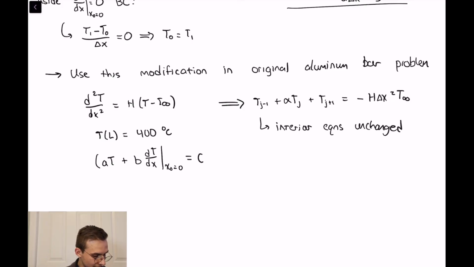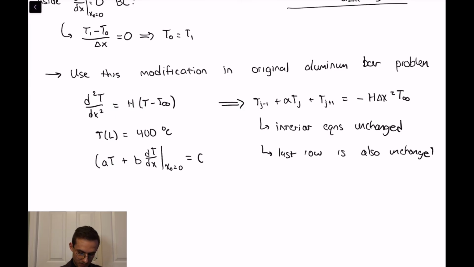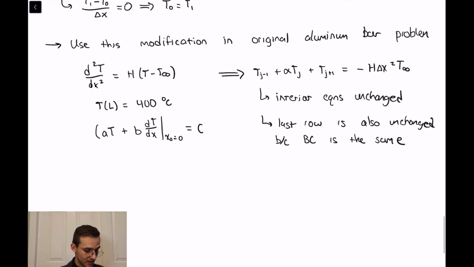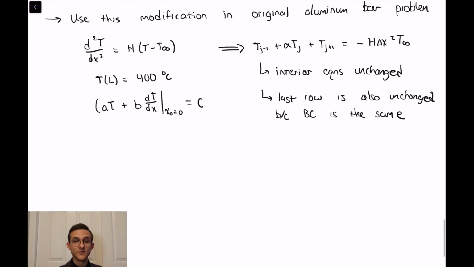The equations that change are the boundary equations. In particular, in this case, the first boundary. In fact, the last row is also unchanged from before, because the boundary condition is the same. Okay, so let's take a closer look at the first row.